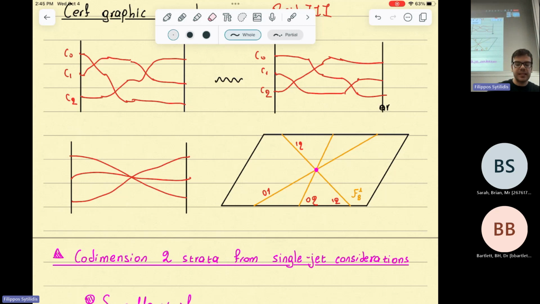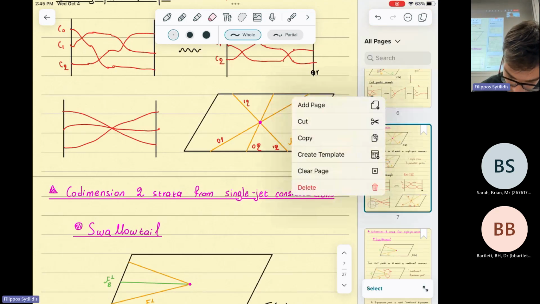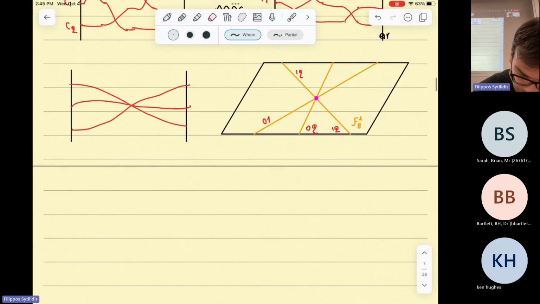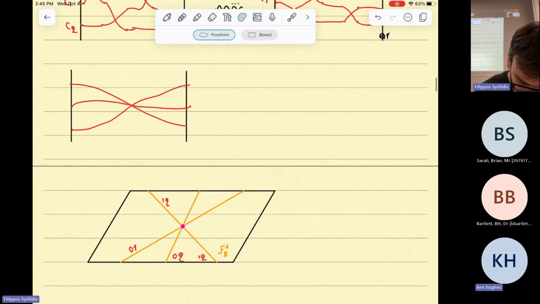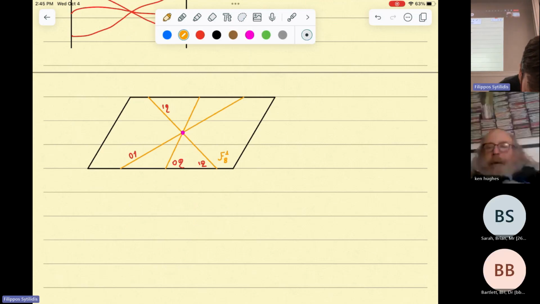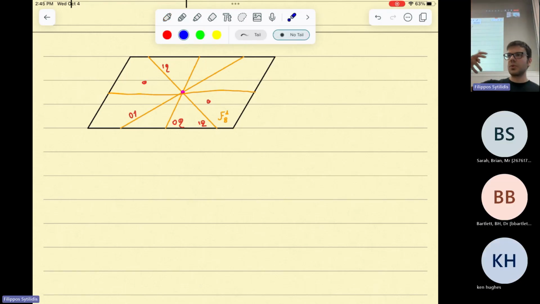The problem is, let's actually see it. Let's suppose that I had to do this instead, and let's suppose that I had four crossings now.